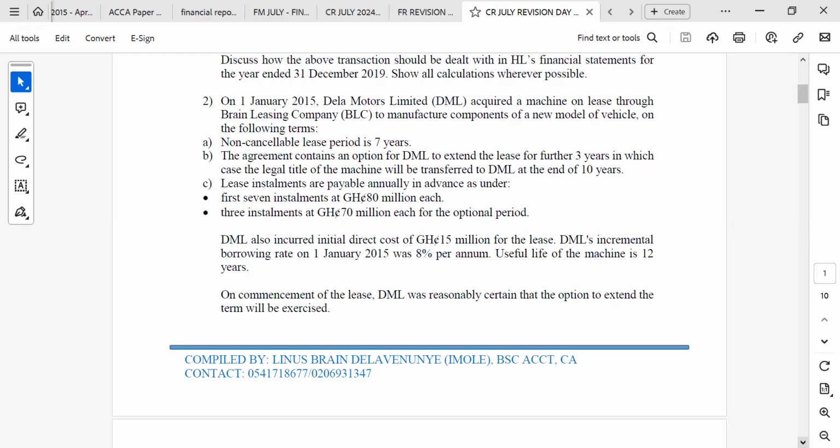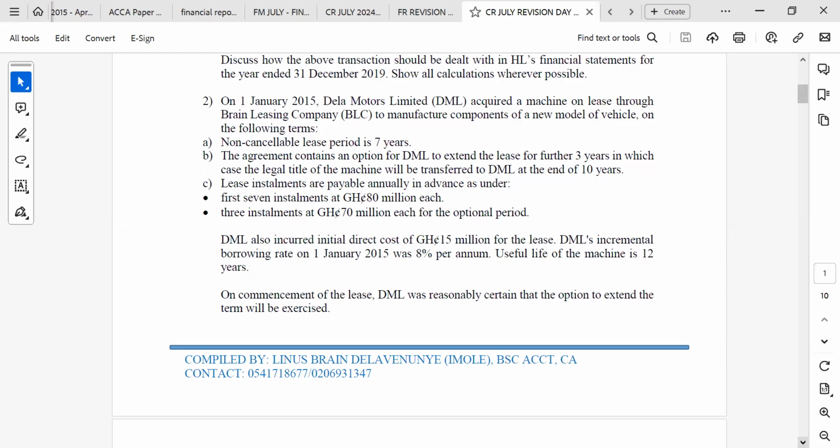C. Lease installments are payable annually in advance as under: first 7 installments at 80 million Ghana cedis each, 3 installments at 70 million Ghana cedis each for the optional period.